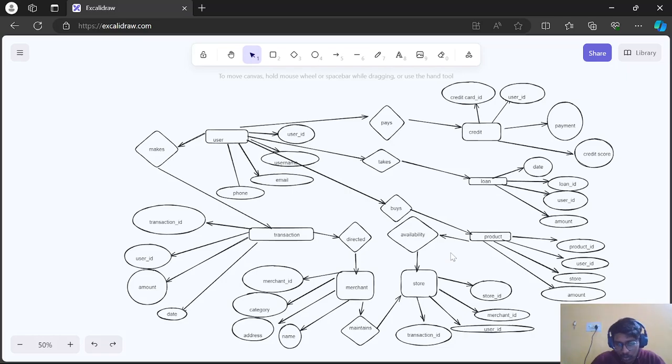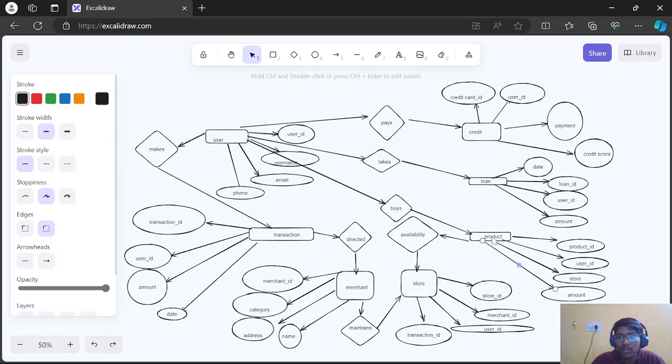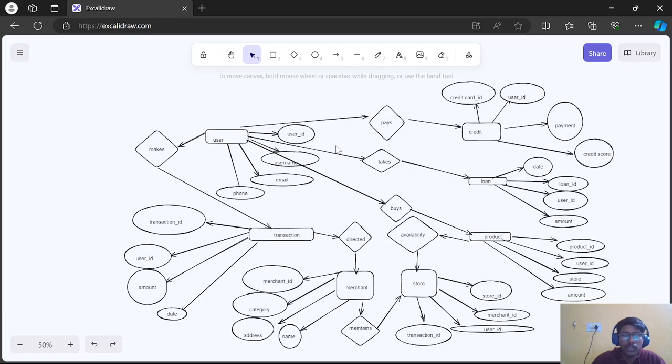We have seven entities so far: the user, the transaction, the merchant, the store, the product, the loan, and the credit. Each entity has its own separate unique attributes, and there is also a unique relationship between every entity.